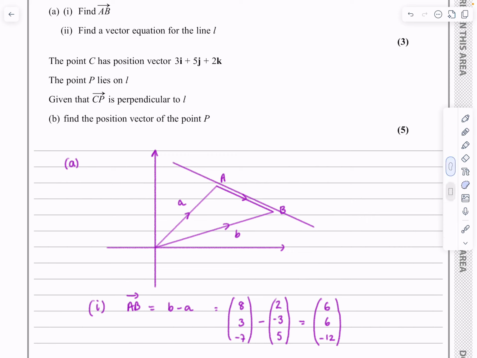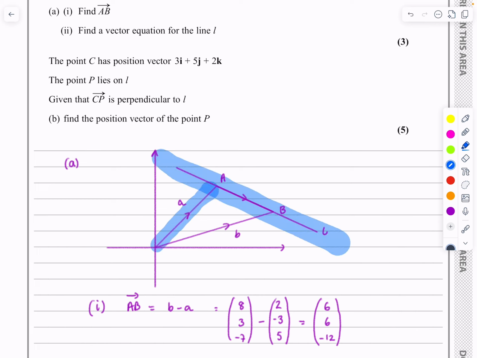And then the second one is to actually find the equation of the line that passes through those. So we actually want the line L here, which passes through A and B. Now, if I want the vector equation of a line, what I need to do is get on the line and then go up and down it. I can get on the line by A, or I can get on the line by B, and then go up and down it.